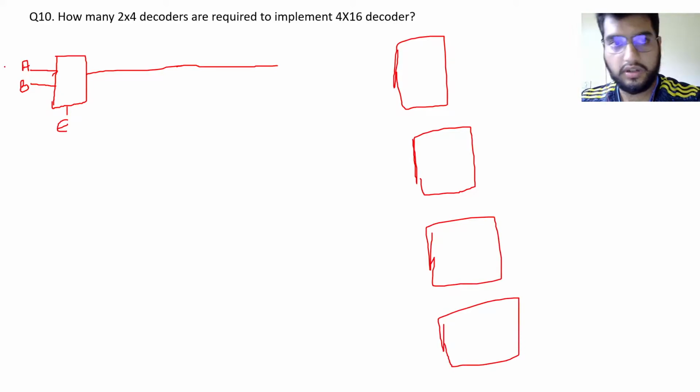These all are 2 cross 4 decoders. Keep that in mind. The output from this first decoder goes as enable to all the other decoders.